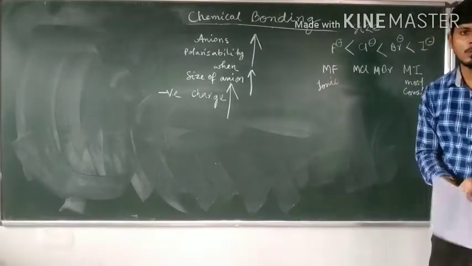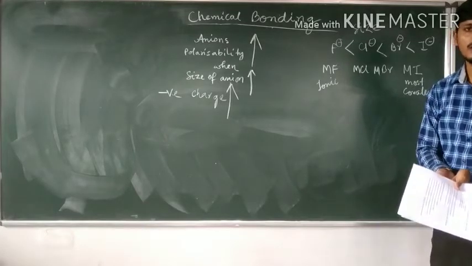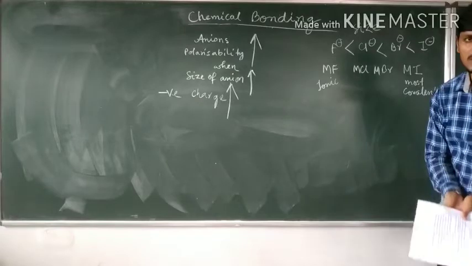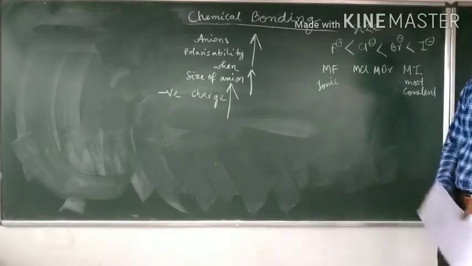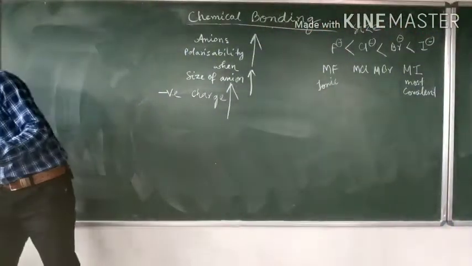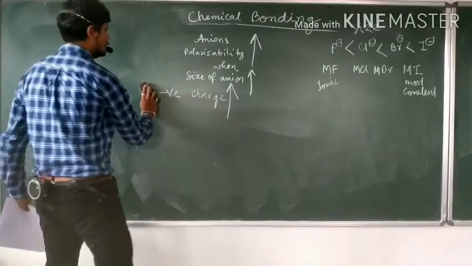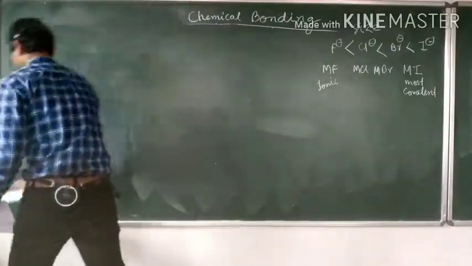If the cation size decreases, covalent character increases; if the anion size decreases, ionic character increases. If the cation size increases, ionic character increases; if the anion size increases, covalent character increases. So these are reverse. Now what are the consequences?